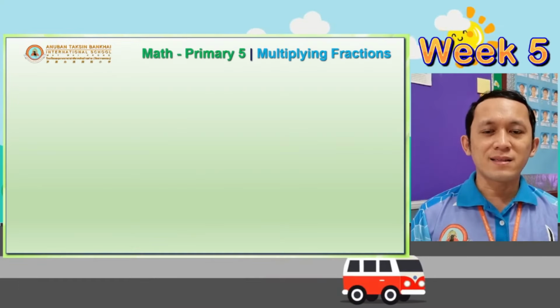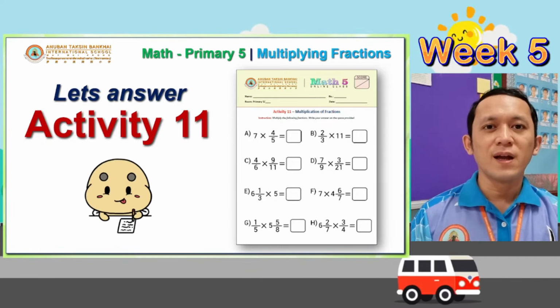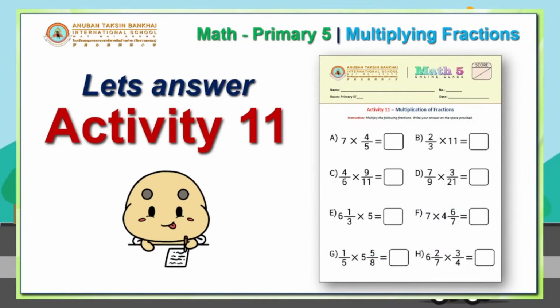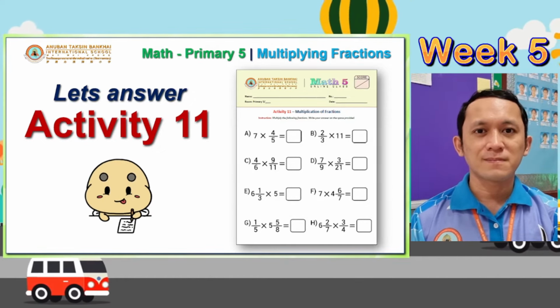Okay, so since you know already how to do multiplication in fractions, let's answer activity number 11. So still we have letters A to H, and we are going to discuss letter A so that you will have a guide on how to answer these activities.